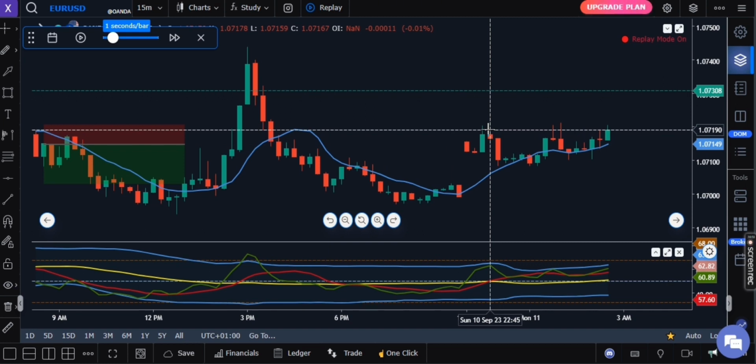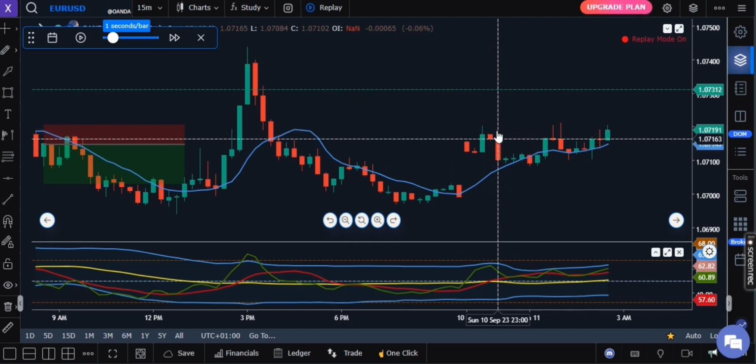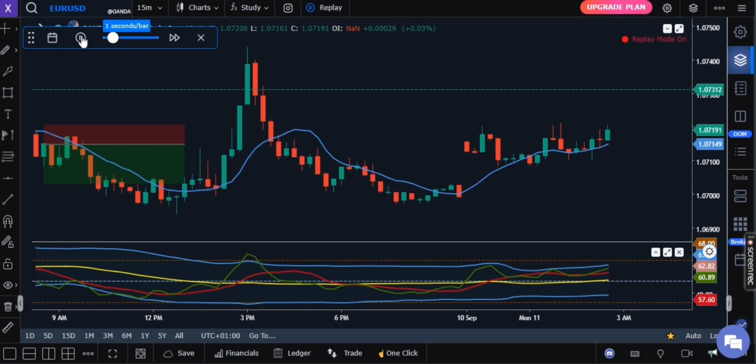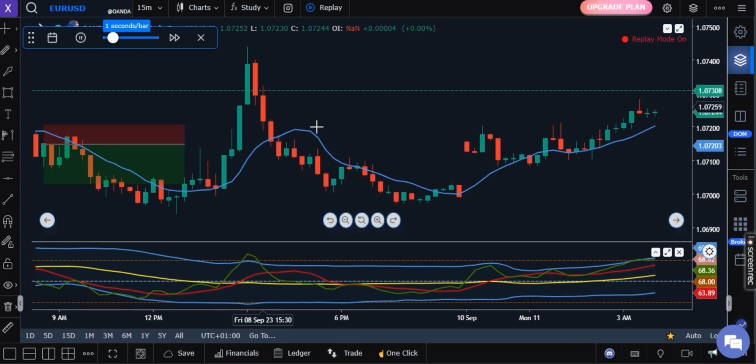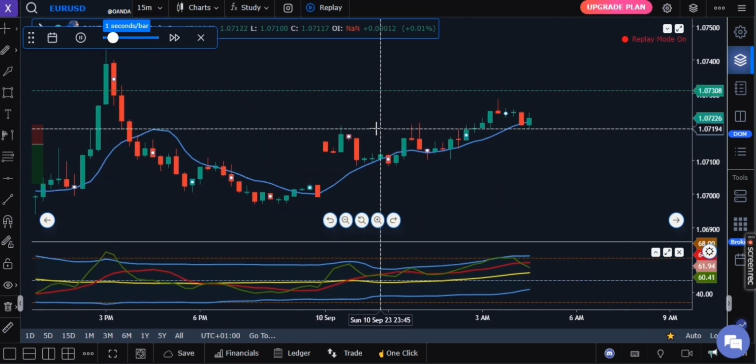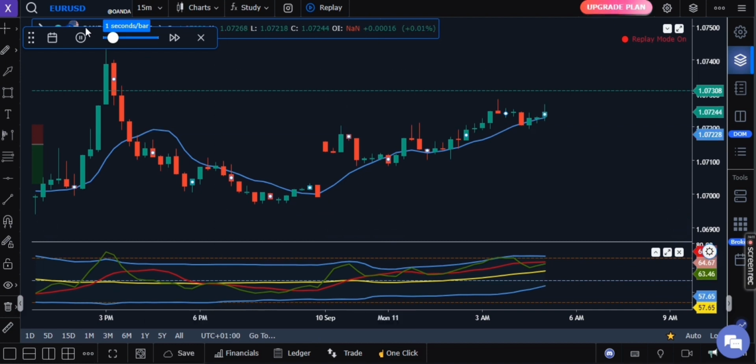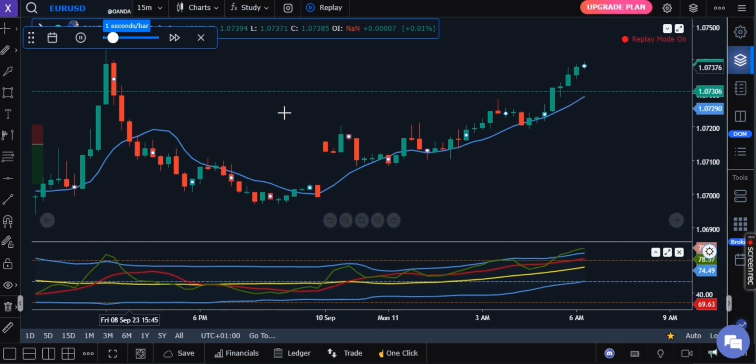It looks like it, but guys, it's not overbought yet. So no wonder it never broke the trend line, you know. So let's see. All right, let's wait.